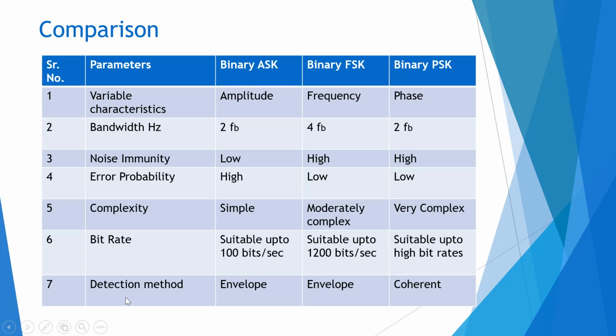In both ASK and FSK, envelope detection is used, whereas in PSK coherent detection is used. Because if you remember, in the receiver we are using a carrier recovery circuit, where the carrier should be the same at the transmitter and receiver side. So it's a very important thing that coherent detection is required in case of BPSK.